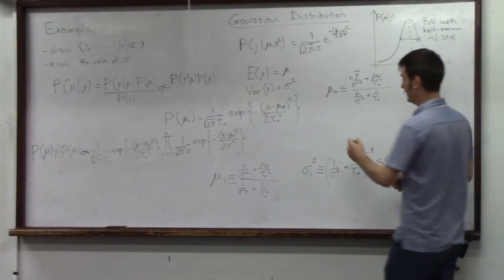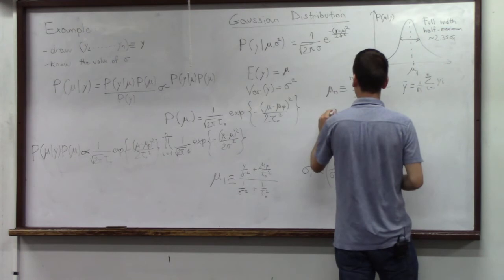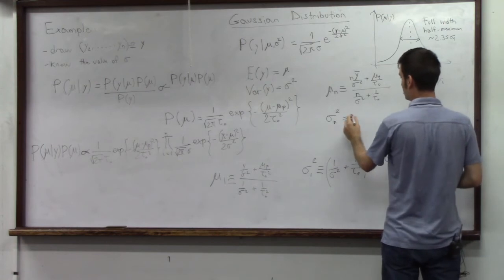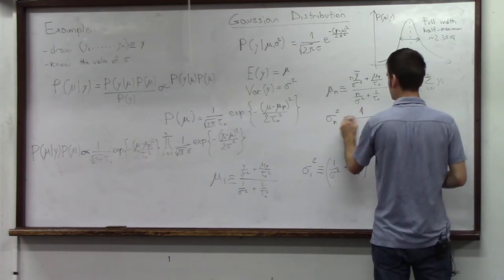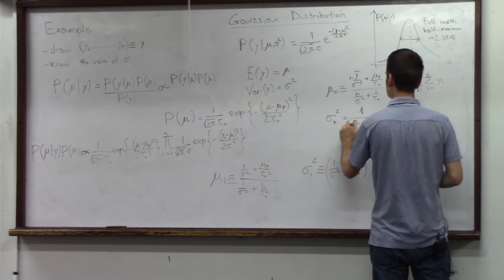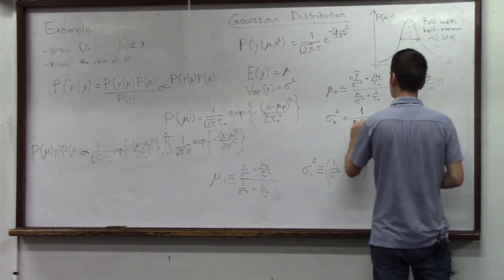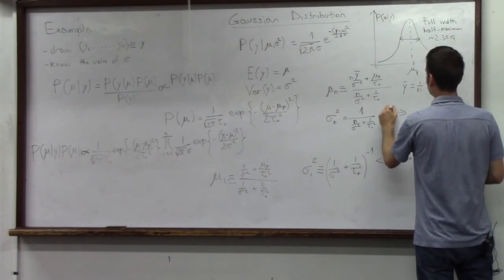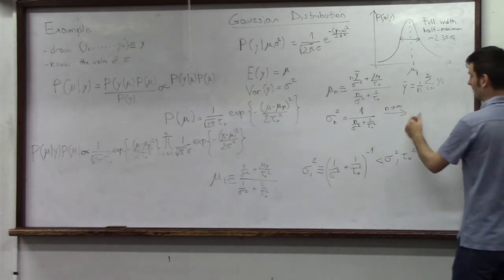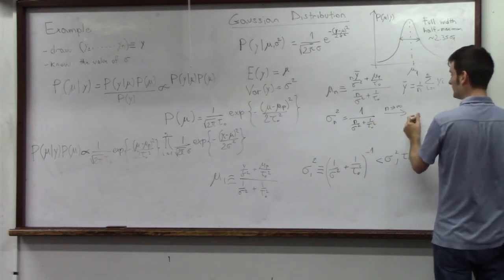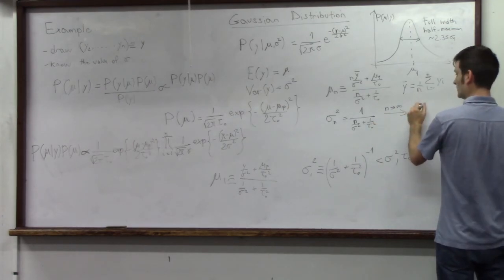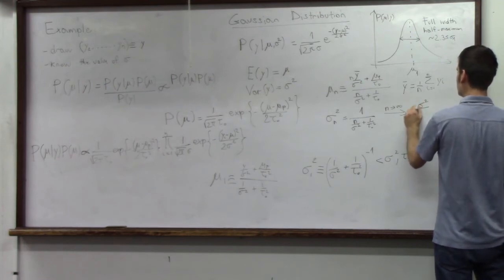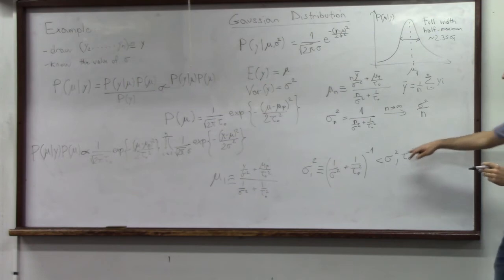And the same thing happens for the dispersion, which is this. So as n goes to infinity, this becomes sigma squared over n.